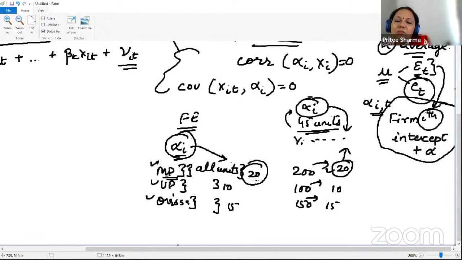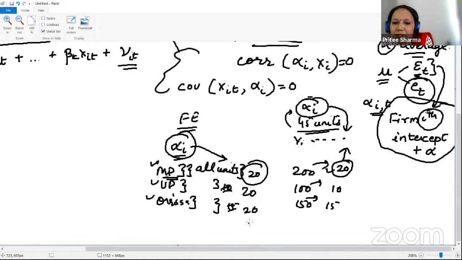See, in the case of the fixed effect model, we are saying that we have the complete data set. So what would this mean? If you have 20 units, to simplify, we don't want to keep different sizes here, so we can keep 20 in all.